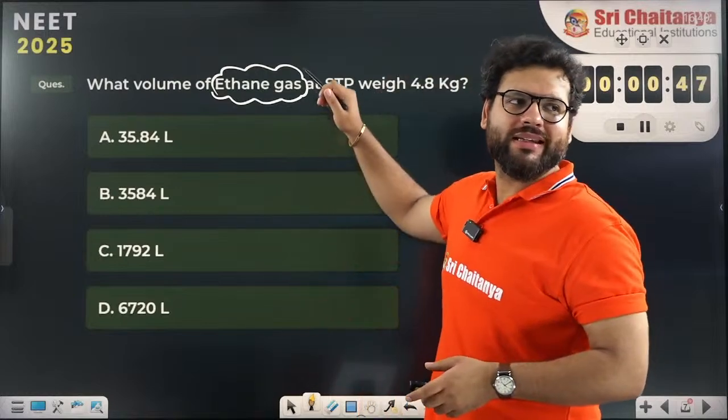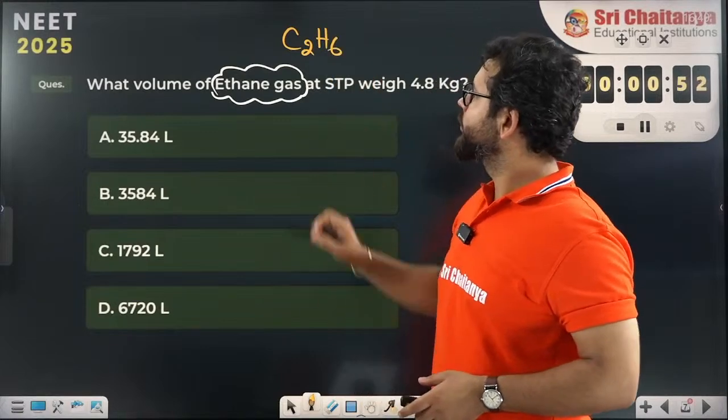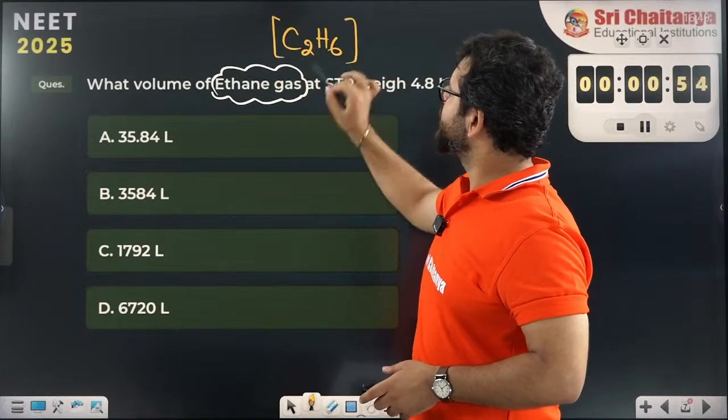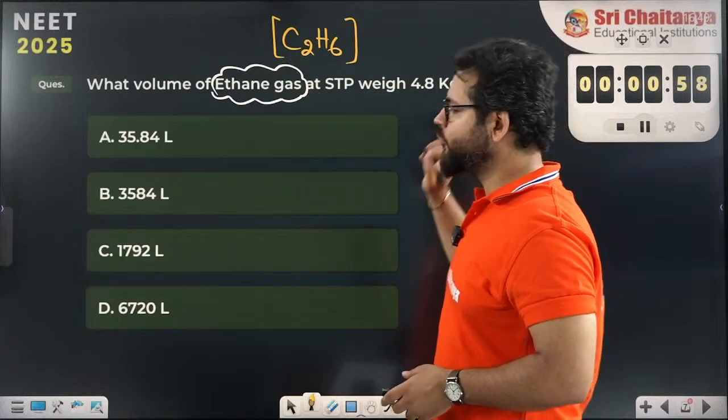Don't know? It is C2H6. Now do the question. C2H6, ethane. Ethane is a gas. What volume of ethane will weigh 4.8 kg?